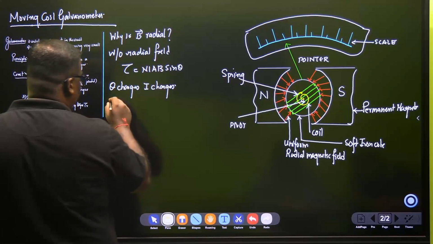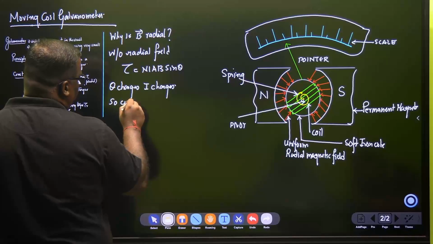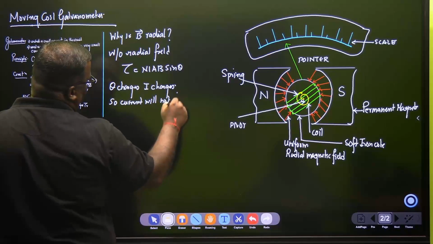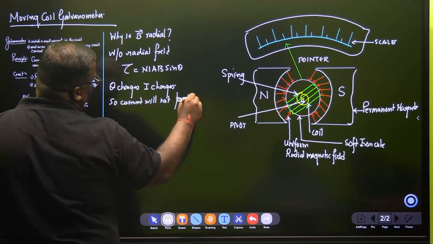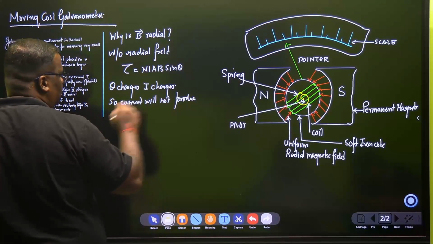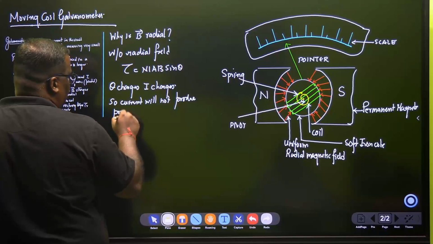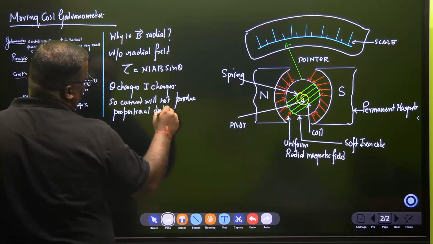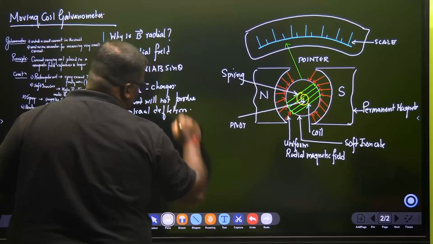So current will not produce proportional deflection.